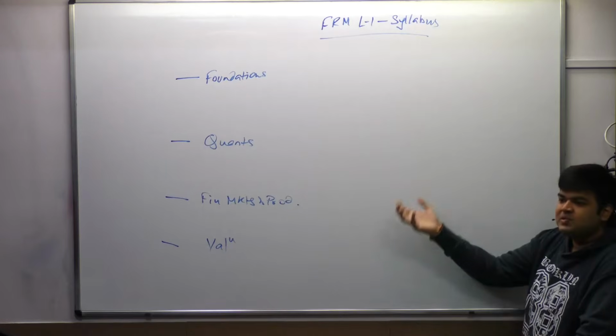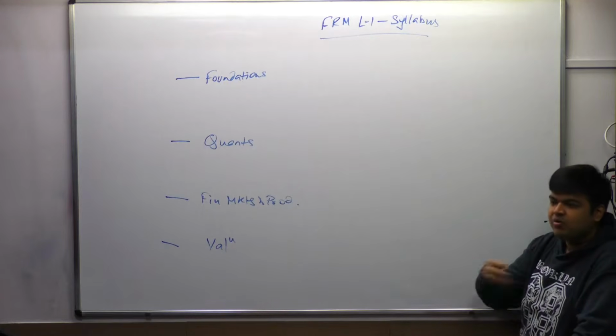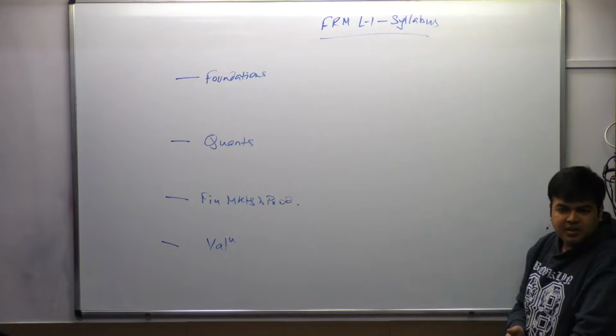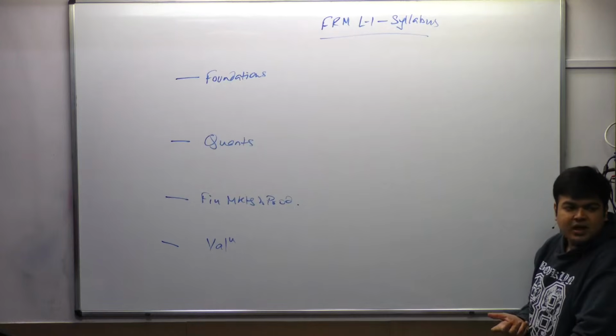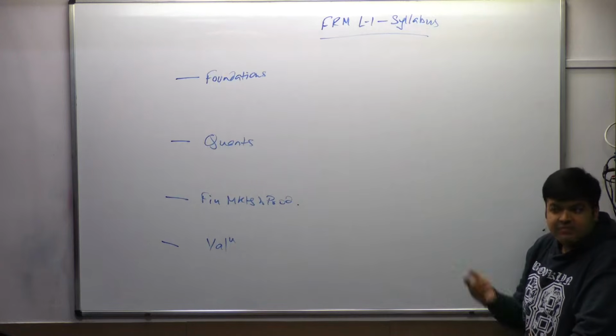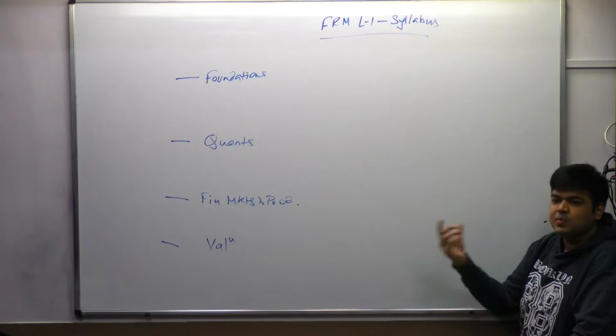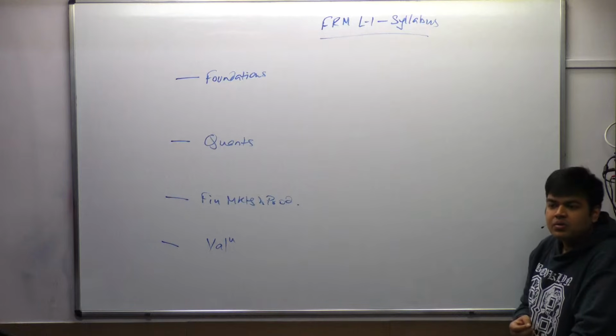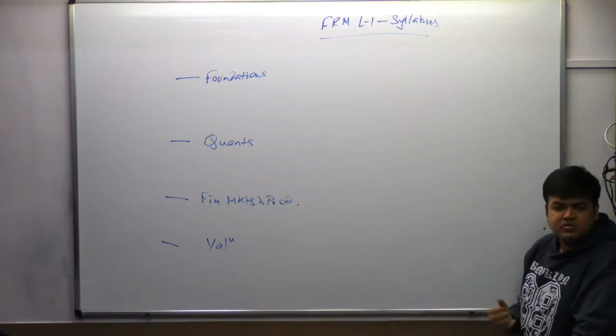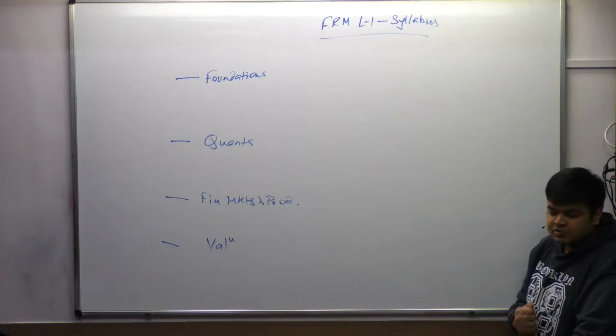Today anything happens in any country, a Brexit happens, a US-China trade war happens, in Iran something happens, and the entire global economy is affected. And we saw in 2007-8 how the US crisis led to the global meltdown. You're understanding the idea. So country risk is something that we need to study probably in the valuation subject.